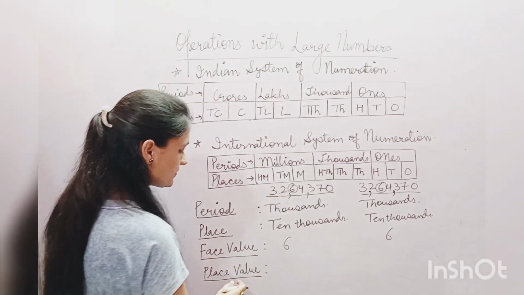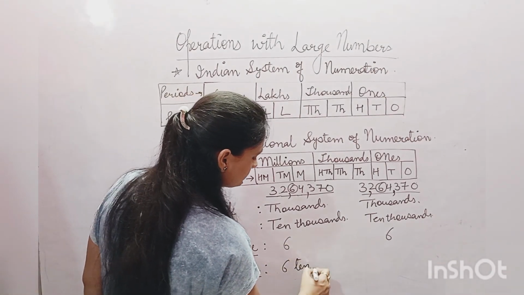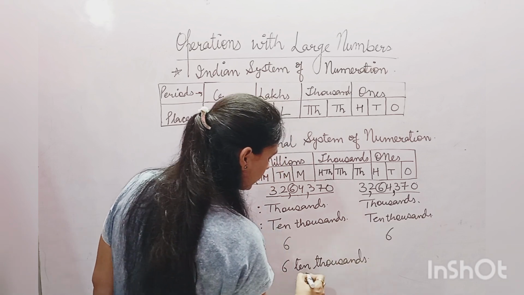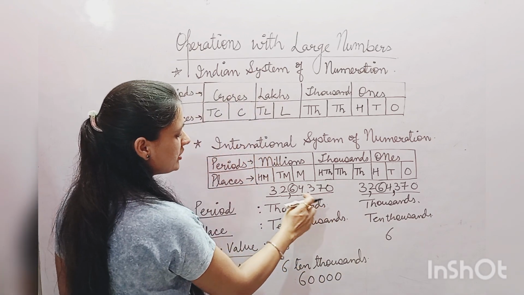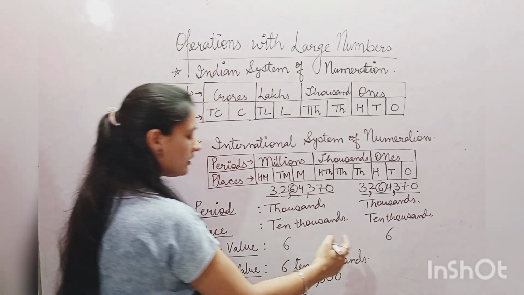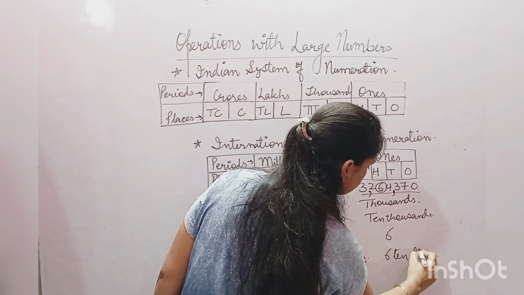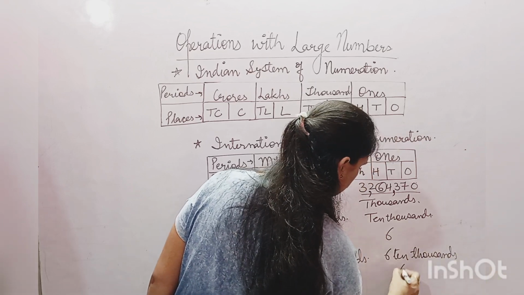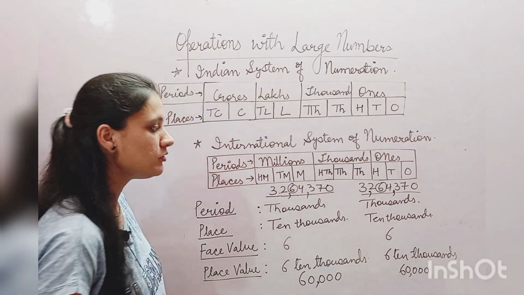So here the place value of 6 is 6, 10, 1000, or we can write down 6 and then zeros. So here 1, 2, 3, 4 places are after 6, so we used to put 4 zeros. Here the place value is again 6, 10, 1000, or we can write it down 60,000. I hope it is clear to you.